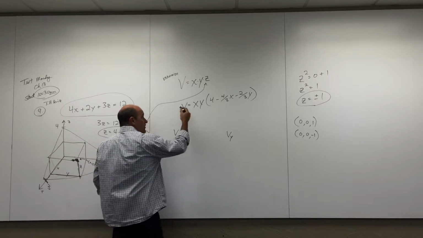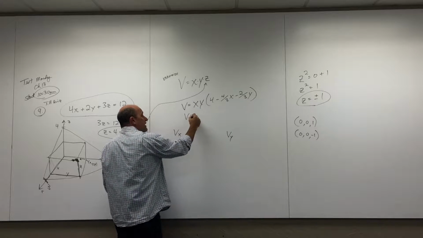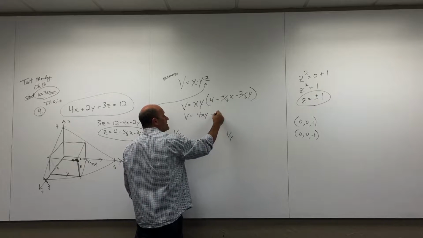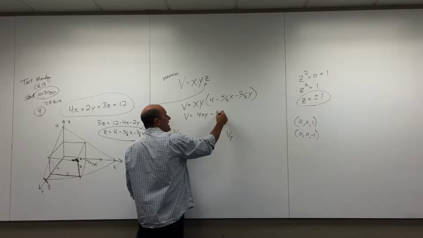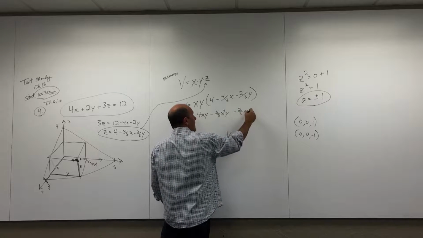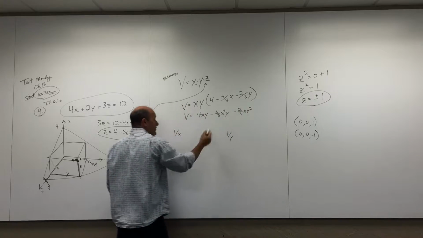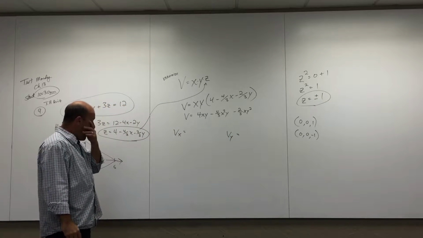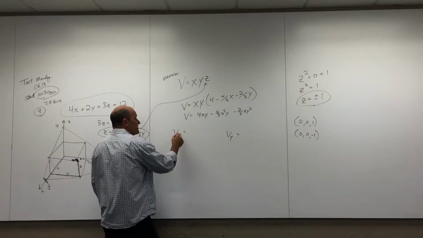If I was you, I would distribute the xy and make it look a little nicer. 4xy minus 4/3 x squared y minus 2/3 xy squared. And now I would try to do these derivatives. What is the derivative with respect to x?